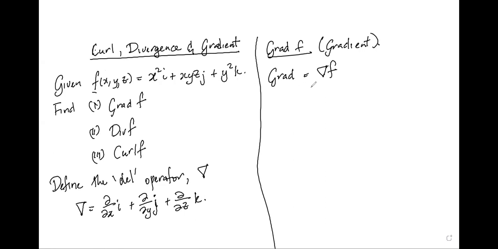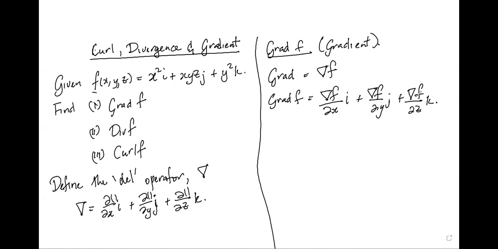So if I have a function, the gradient is given by, so therefore, we are going to put in the operator in this. So grad f would be derivative of the function with respect to x, i, the derivative of the function with respect to y, j, plus the derivative of the function with respect to z.